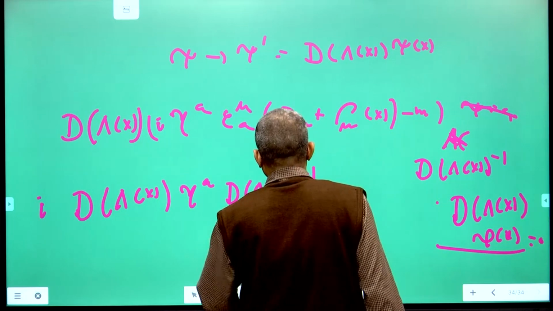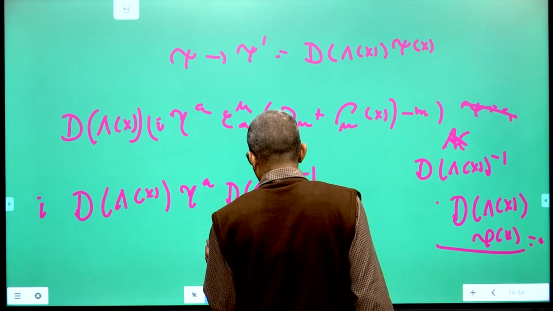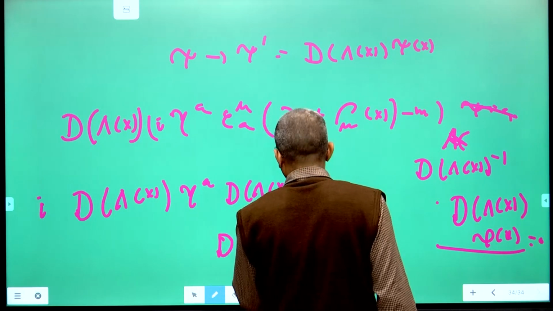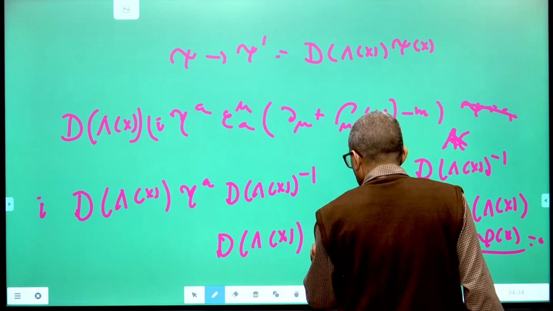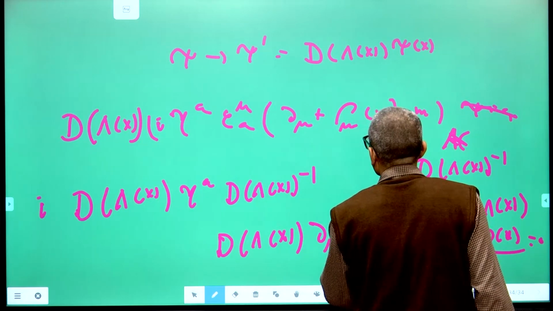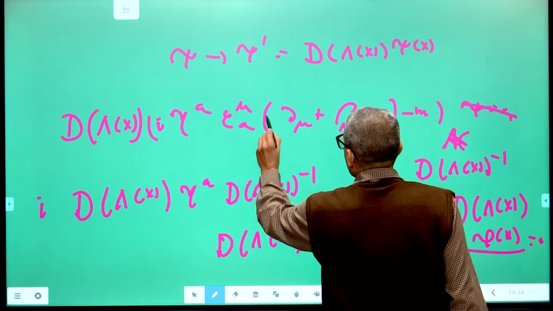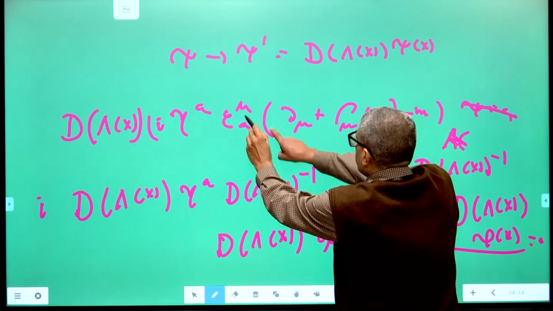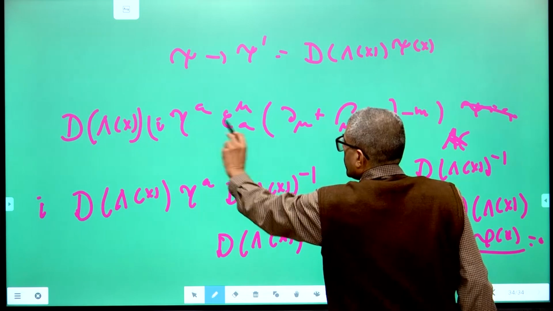you put an I here, and here you have dou mu, here you put again a D lambda x into dou mu. I multiply by D lambda inverse here and bring this inside, commute this inside.